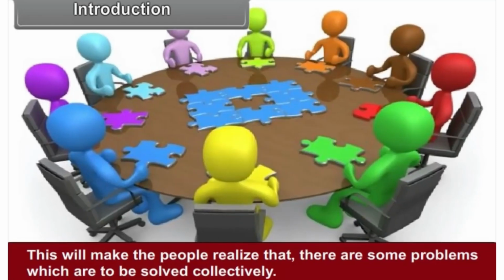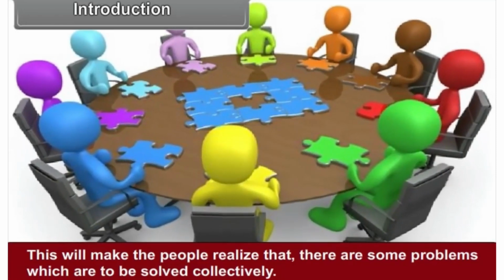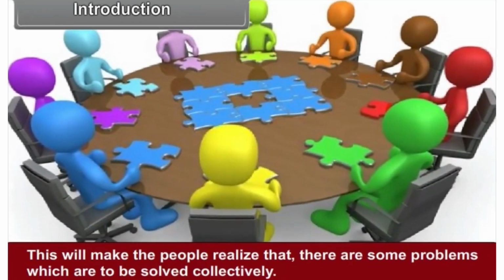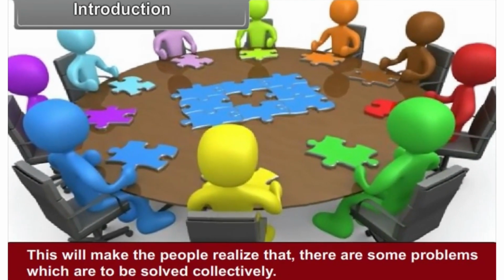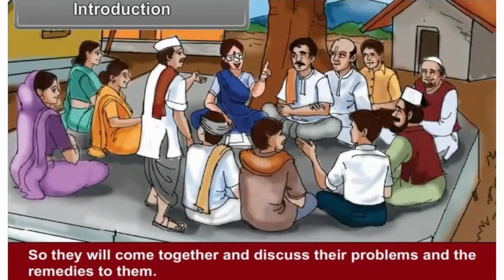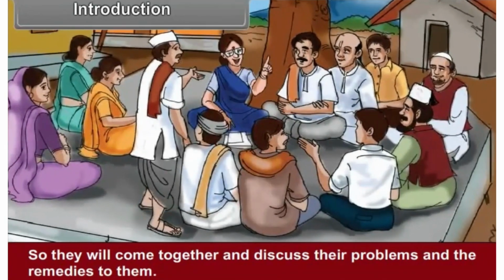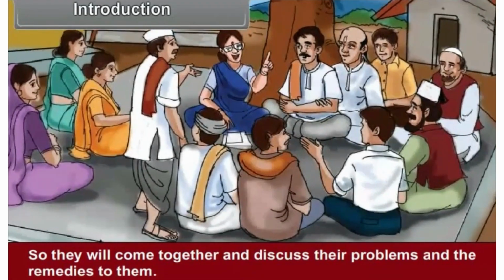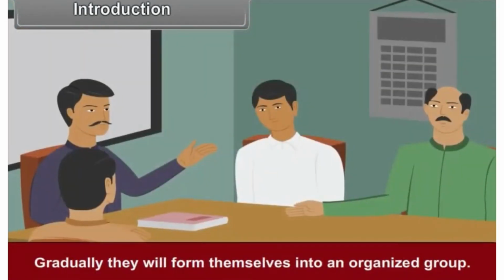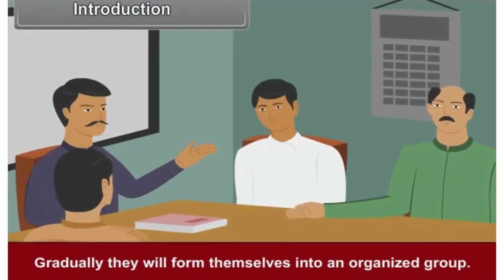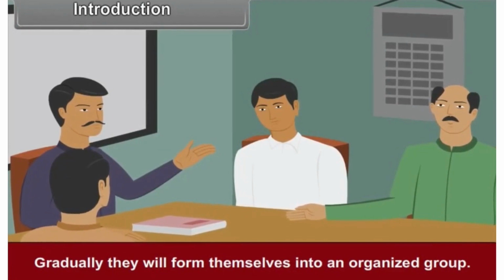This will make the people realize that there are some problems which are to be solved collectively. So they will come together and discuss their problems and the remedies to them. Gradually, they will form themselves into an organized group.